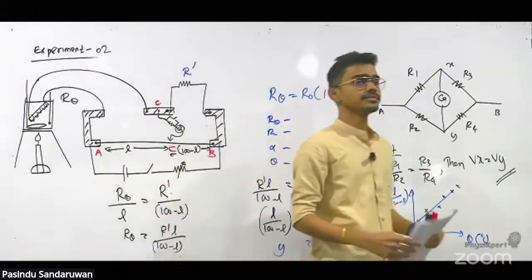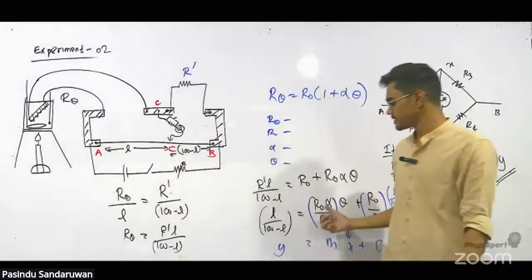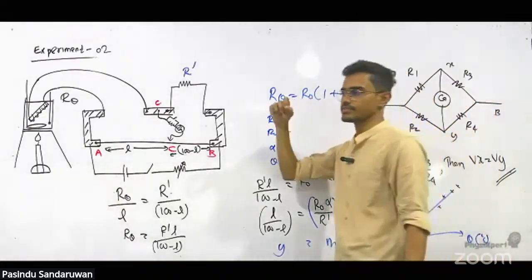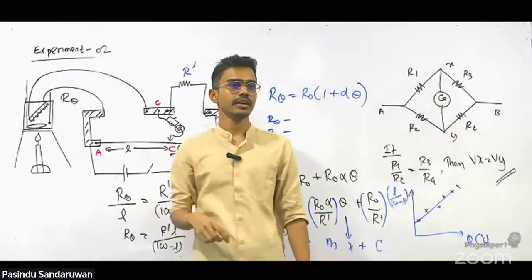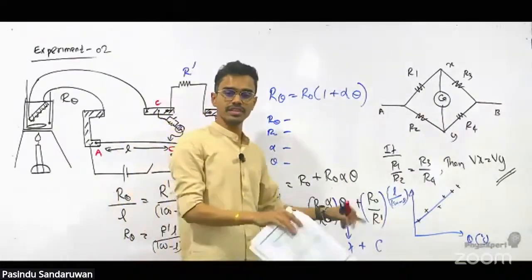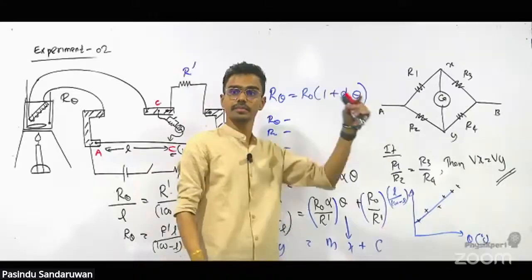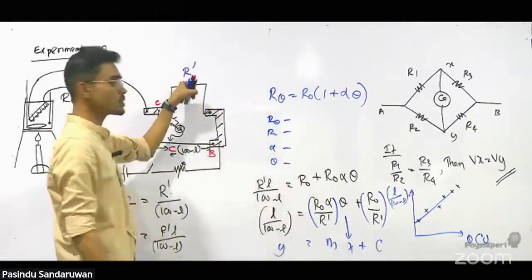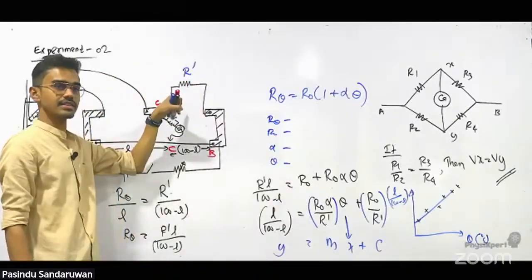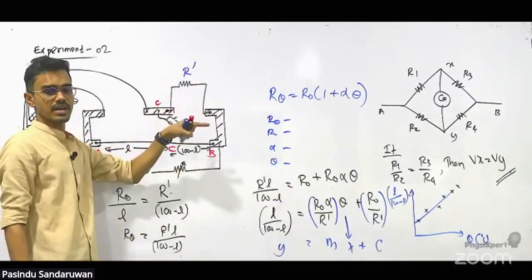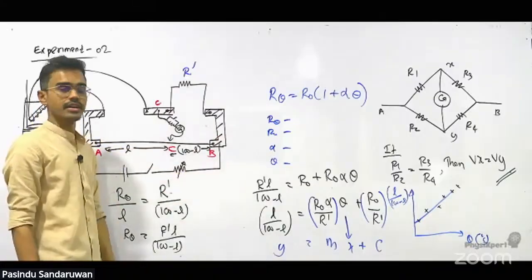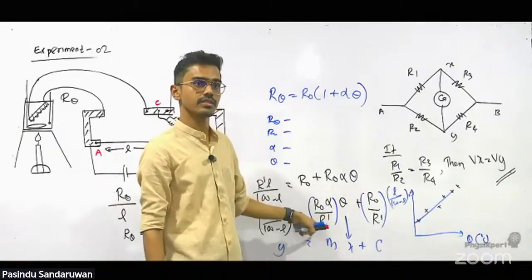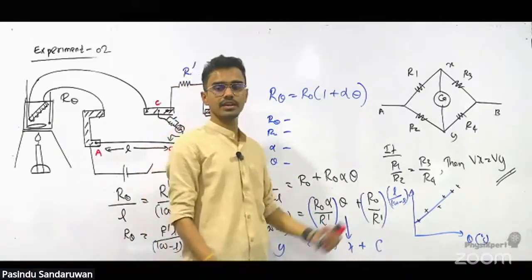Because when we have cancelable variables, our first priority is always cancelling those variables. R naught and R dash are unknown. If you divide the gradient by the intercept, both R naught and R dash are going to cancel off. Then there is no error in the calculation.